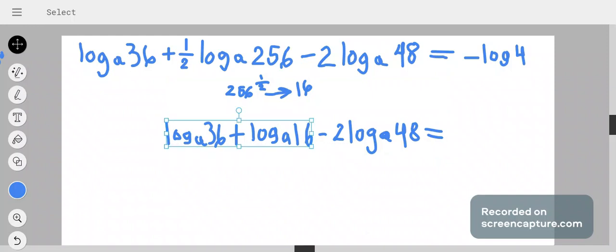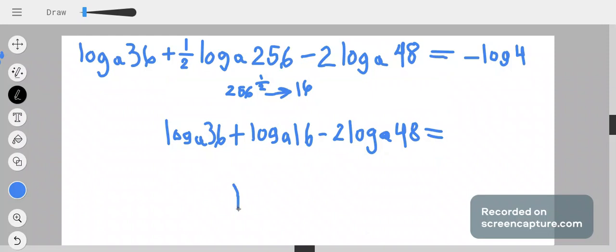Now we have another rule. What does that rule state? Well, when we have a log and we're adding them together, we're kind of going, wait, let me actually write this out. Yeah, that would be good. So say we have log A plus log m.